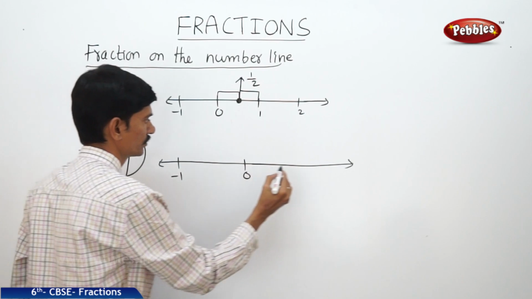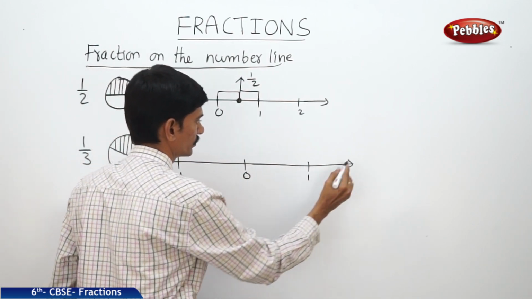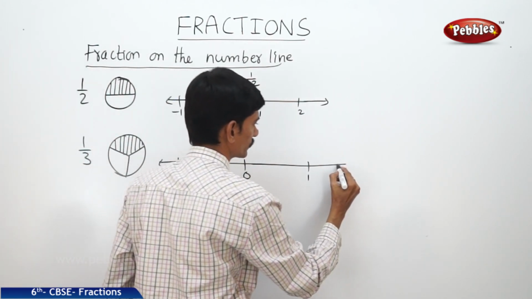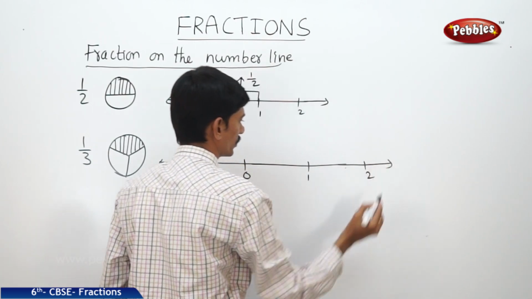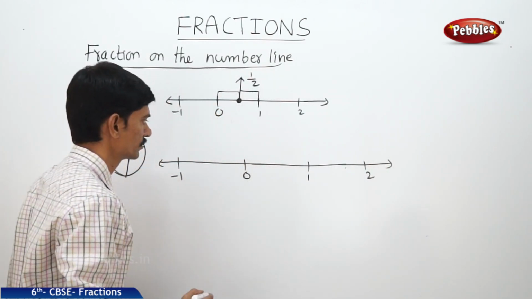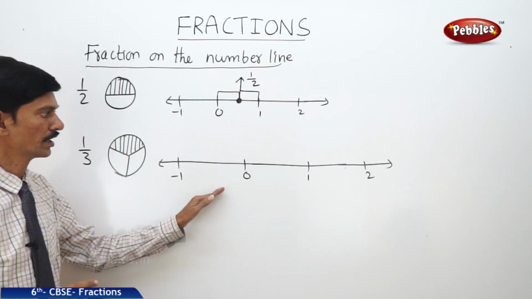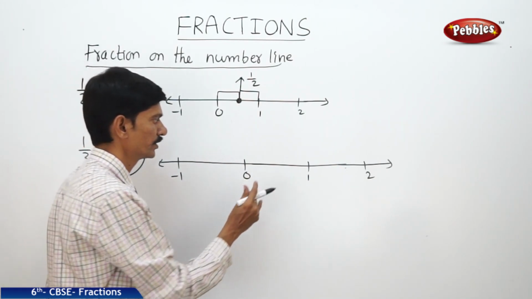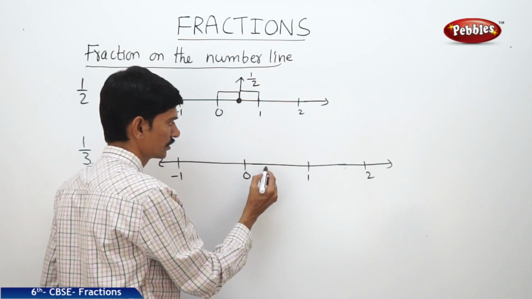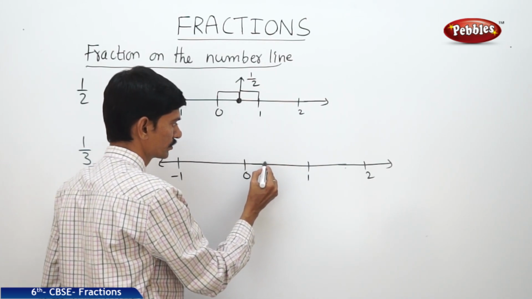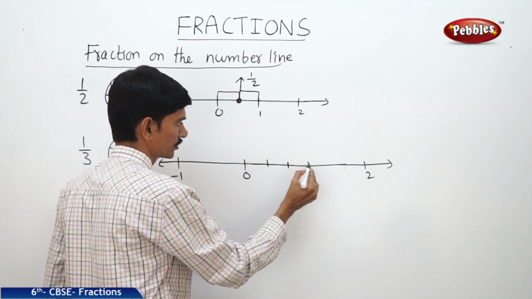0, minus 1, here 1. So next we can take 2, the integers. Now 1/3 is also more than 0 and less than 1. So between 0 and 1 we will make 3 equal parts. So 1, 2, 3.